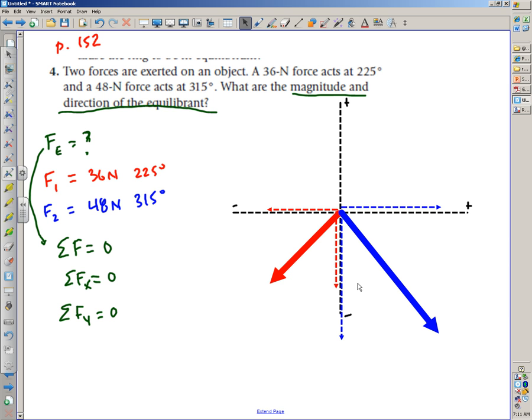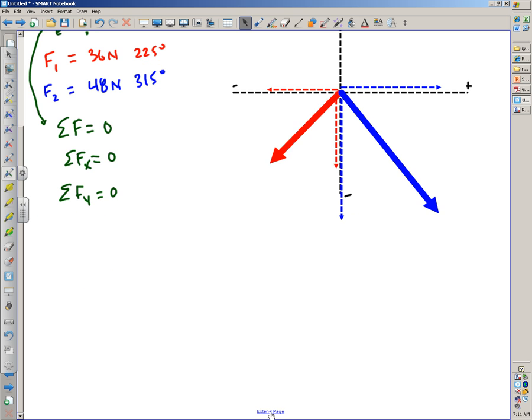And we can now figure out what these forces are because we know our trig identities. So, once again, just for the sake of clarity, I'm going to take this here, I'm going to take this here, and I'm going to take this here. Okay?